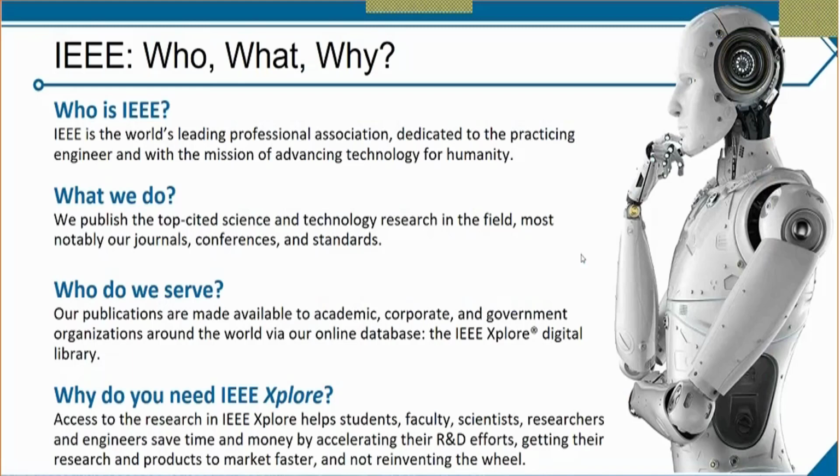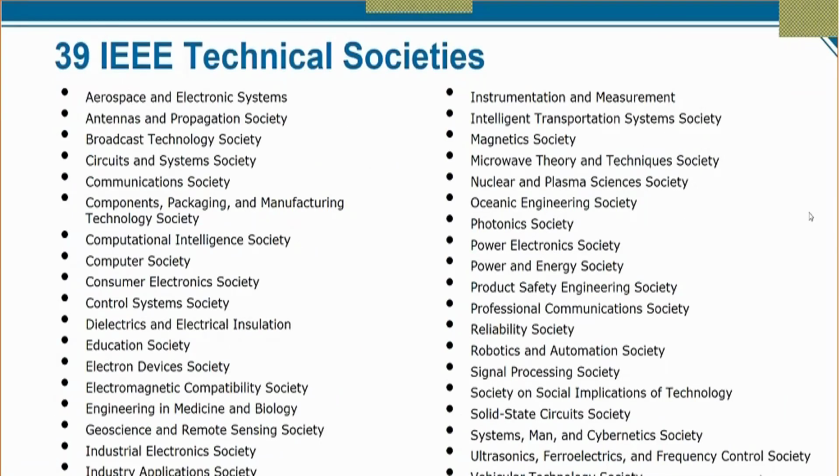But today we're going to talk about IEEE Xplore, which is the digital library that all the full-text content resides on in PDF and HTML. Included in IEEE Xplore is all the full-text content in PDF and HTML from these 39 IEEE technical societies, which make up IEEE.